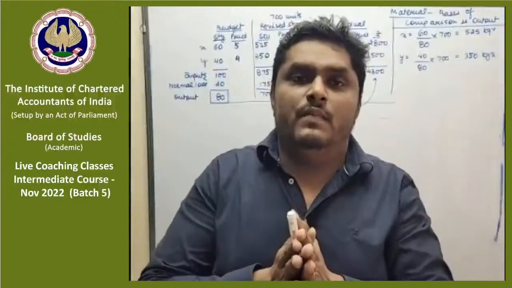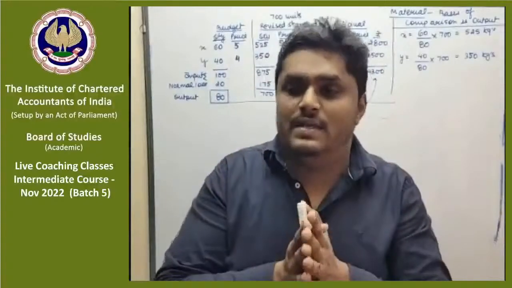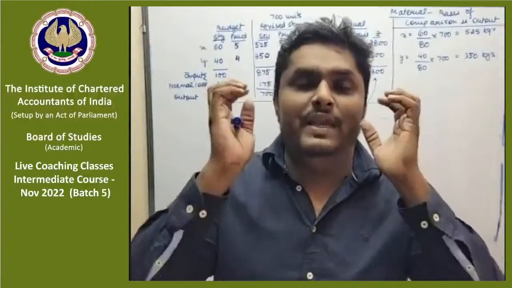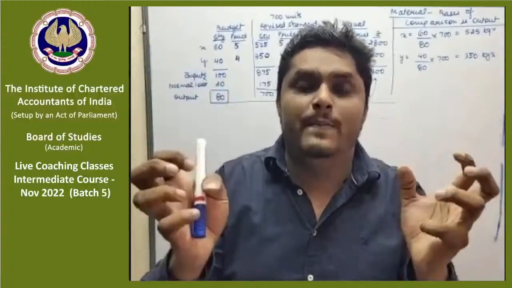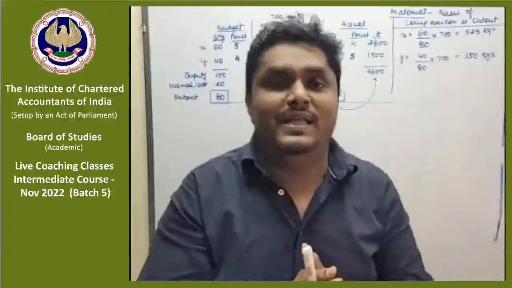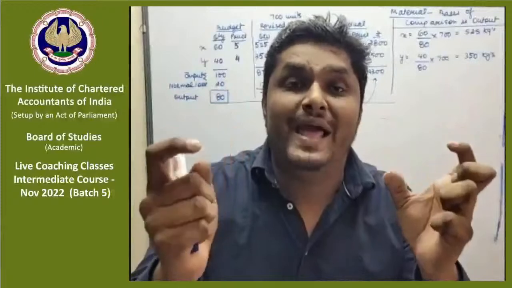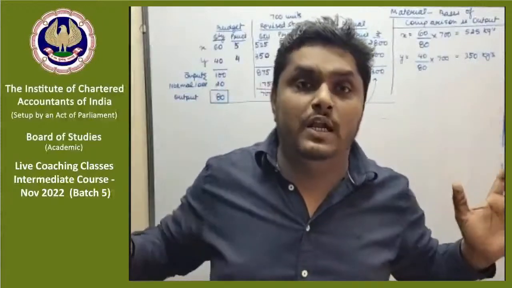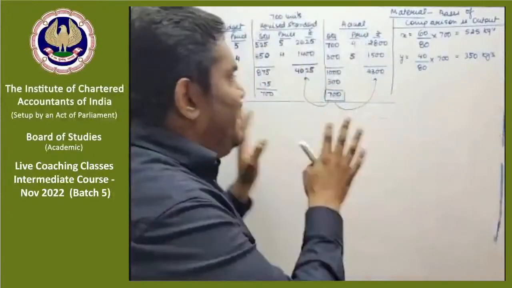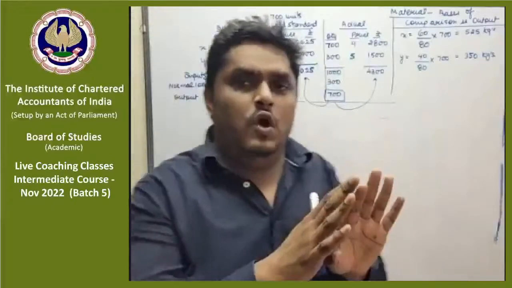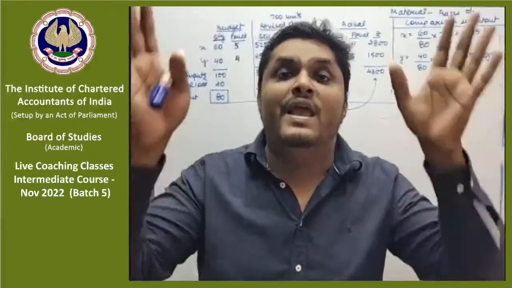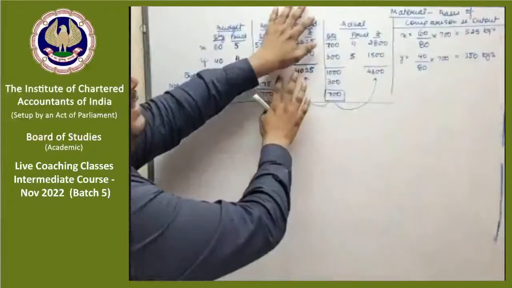Sumit, your question, I repeat again, is very simple. When talking about the material part, the basis of comparison is output, not input. Just check whether the budgeted output and actual output are the same. If yes, no need to do this exercise.